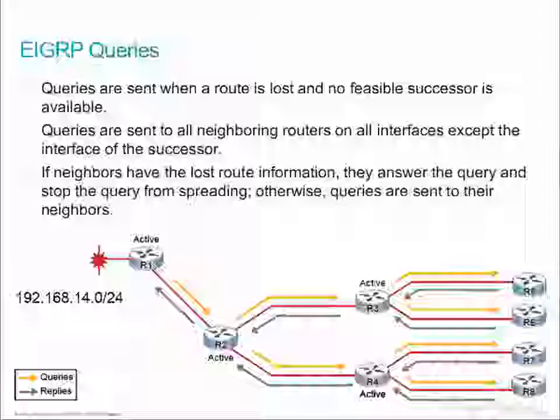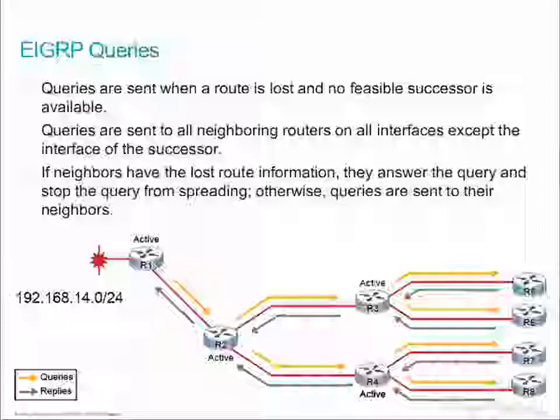Obviously, being that router 2 is a stub router, meaning that it only has one way to get to the 14 subnet, it's not going to have a path. But here's the thing. R2 might have to query its neighbors, and R3 and R4 might have to query their neighbors, and so on. So this query propagation process can be quite extensive, and it can take up a lot of resources as it propagates through the network topology.